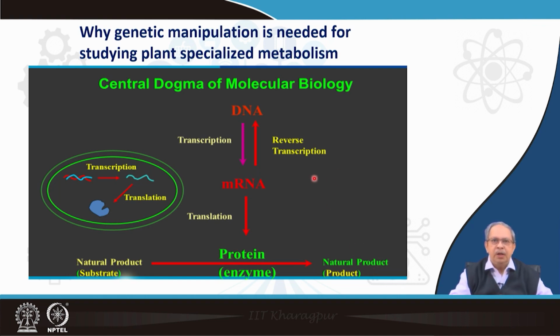The purpose of genetic manipulation is that we want to insert the specific gene for a specific protein, so that the desired product can be made. That is why genetic manipulation is needed. The source of the gene could be the same plant or another plant, or maybe a fungus or a bacterium, so either homologous or heterologous origin.